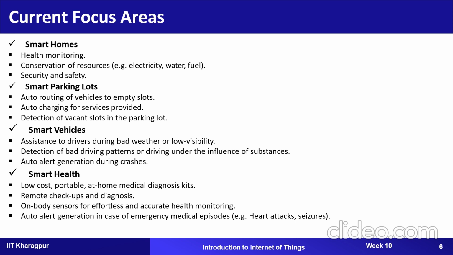Another example of smart homes is that the quality of life also increases. For example, if you have a smart AC, then according to the temperature it automatically sets the temperature of the room. Similar is the case with your smart lights.